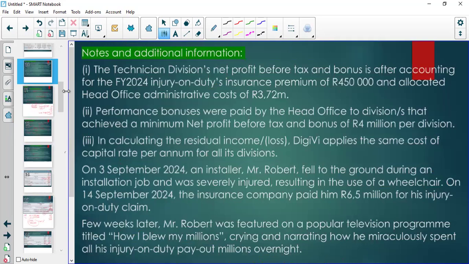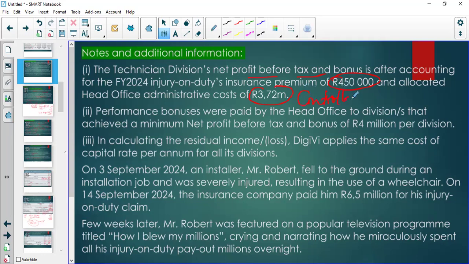Right, so we have the net profit before tax, or before tax and bonus, after accounting for the insurance premium of 450 and head office of 372. So you see there that we have a net profit before tax, but we could calculate controllable profit, right?